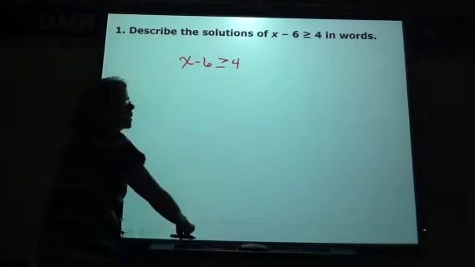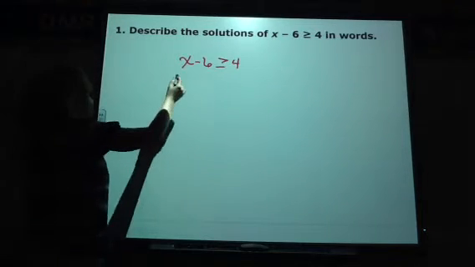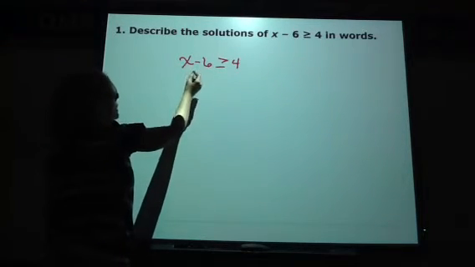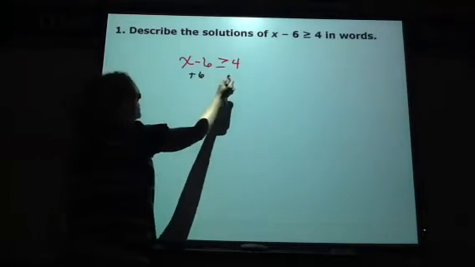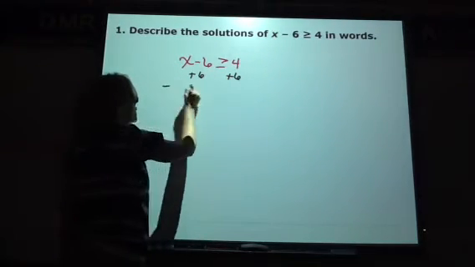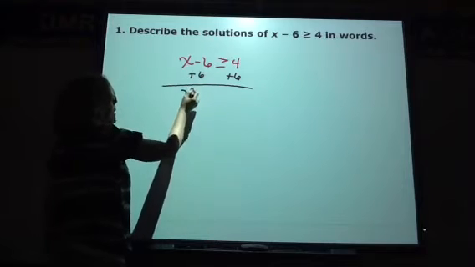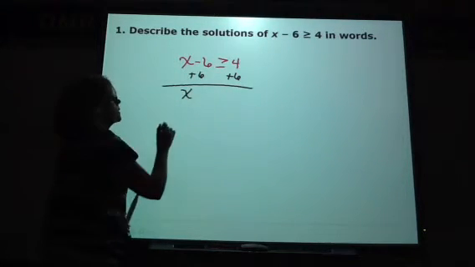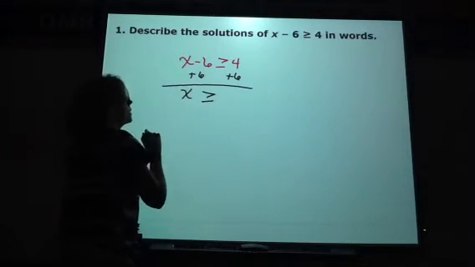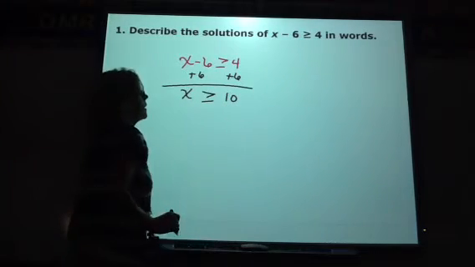In class, you treat this like you do an equation. We want to isolate our variable x, so the inverse of subtraction is addition. Make sure you do it on both sides of that inequality. The negative 6 and the positive 6 cancel out, so on the left side I have x. Bring down my inequality symbol. On the right side I have 10.